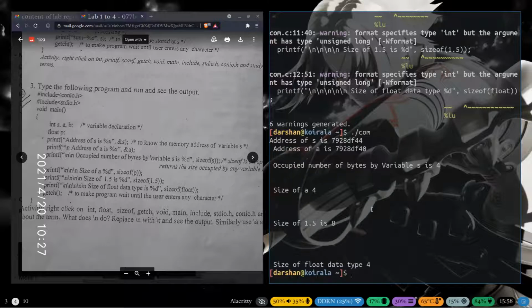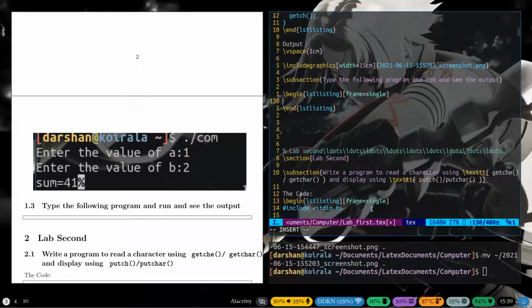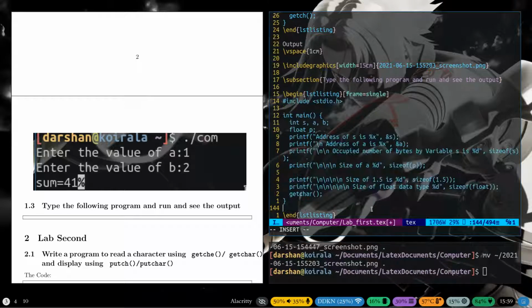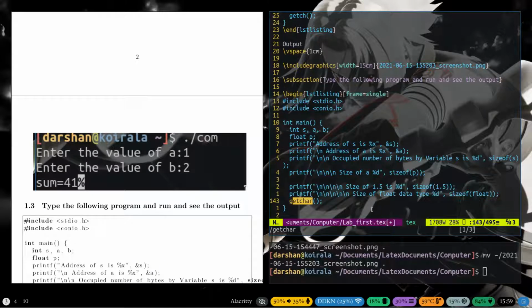I'm just going to copy this thing. What was that? Cannot see copy. Okay, I'm just going to paste it right here, and I'm going to include pulchowk.h and getchar.